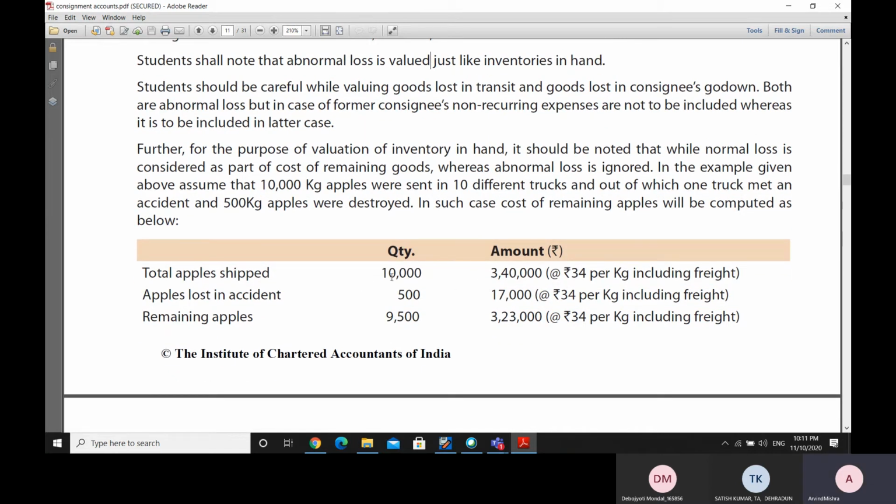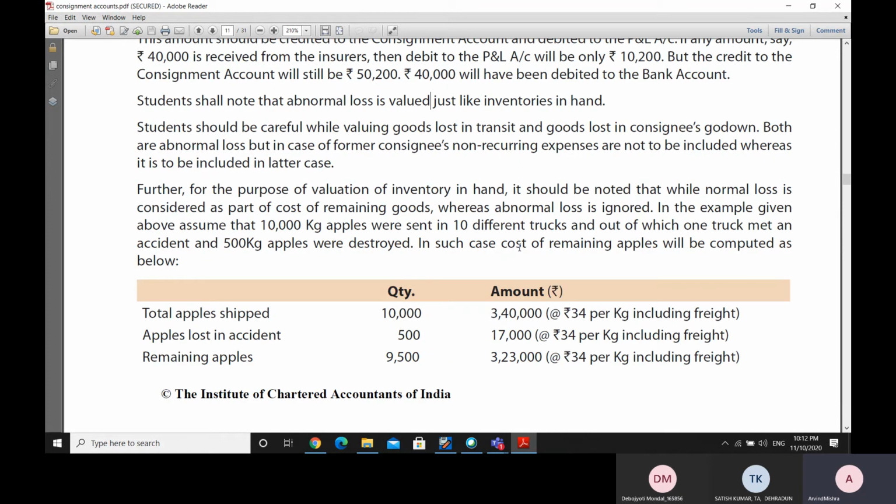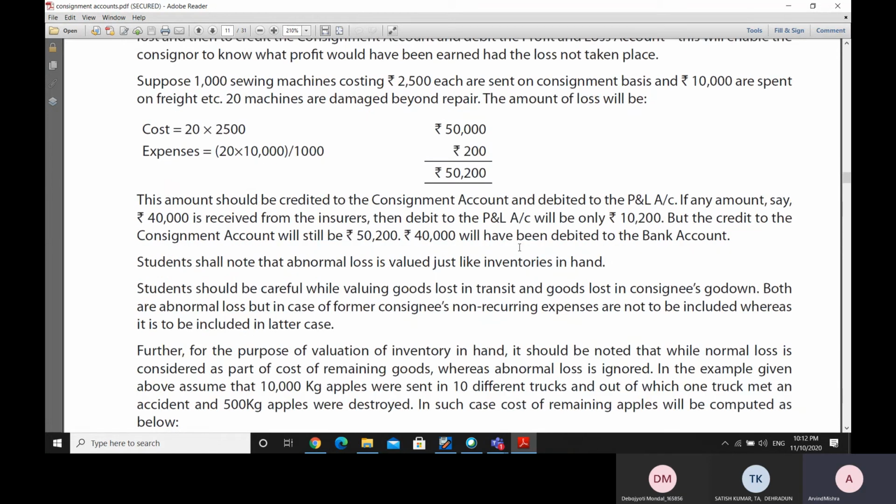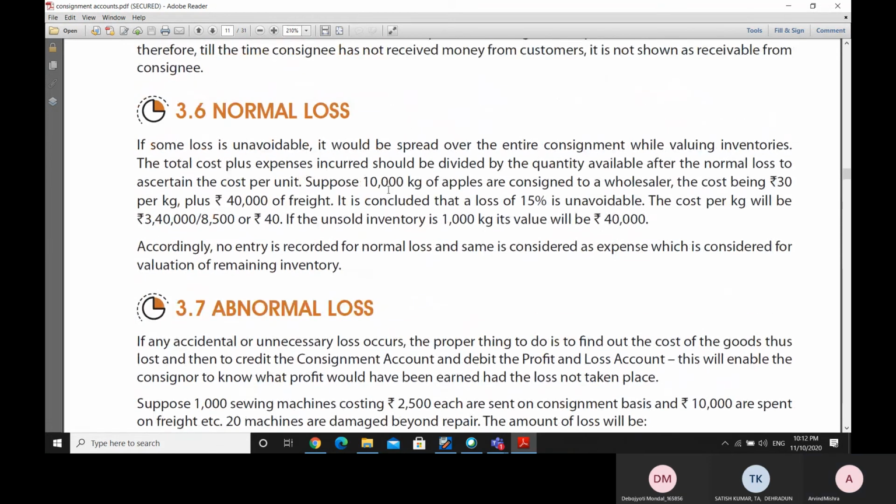So total apples were 10,000. As we can see in the above example, 10,000 kgs of apples and 30 rupees was the cost of each kg. 40,000 was the freight that was paid.